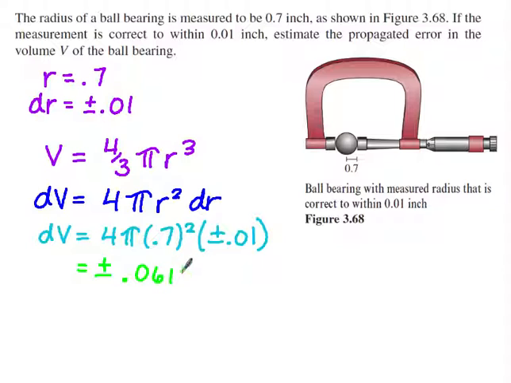Okay, 0.0616, and the label would be inches cubed because you're talking about your error in your volume. Okay, so that's your propagated error.